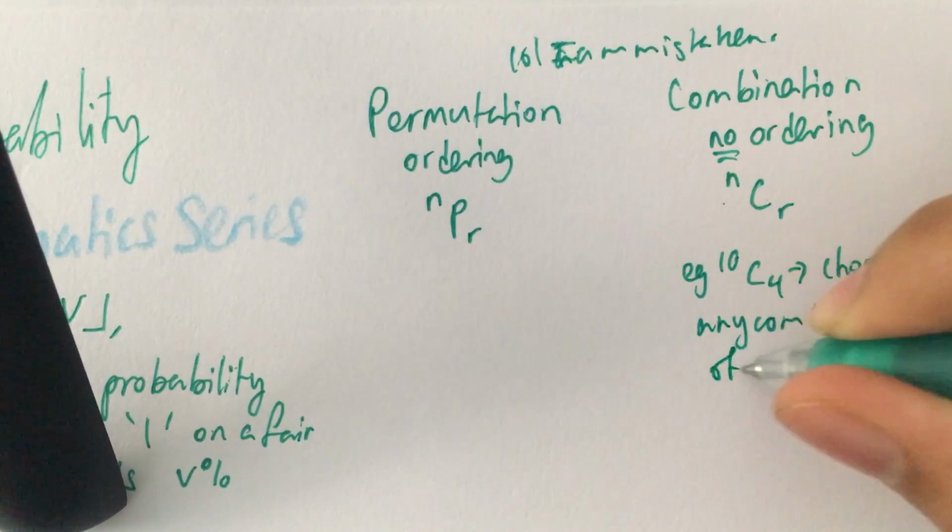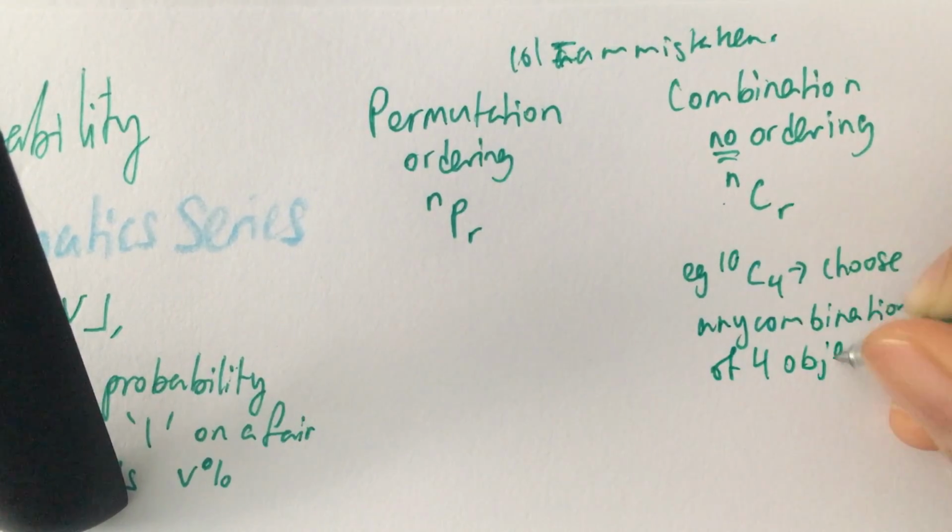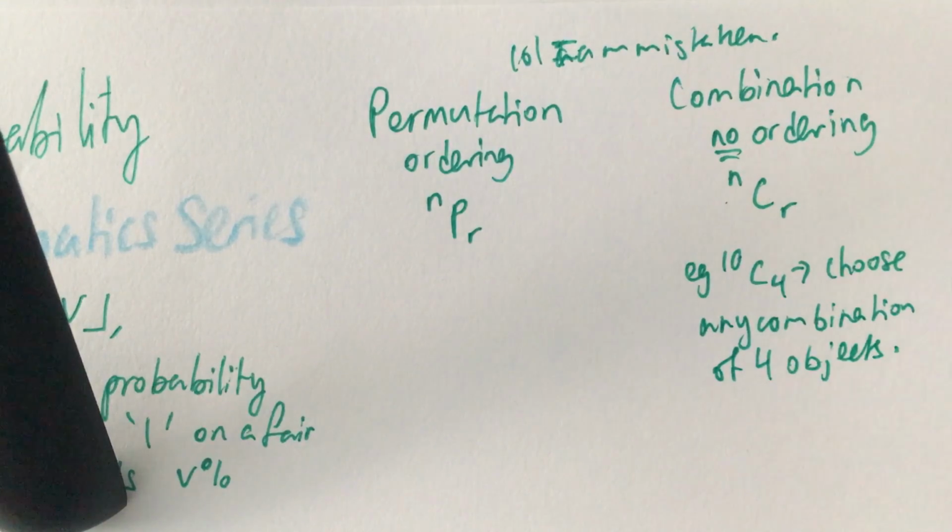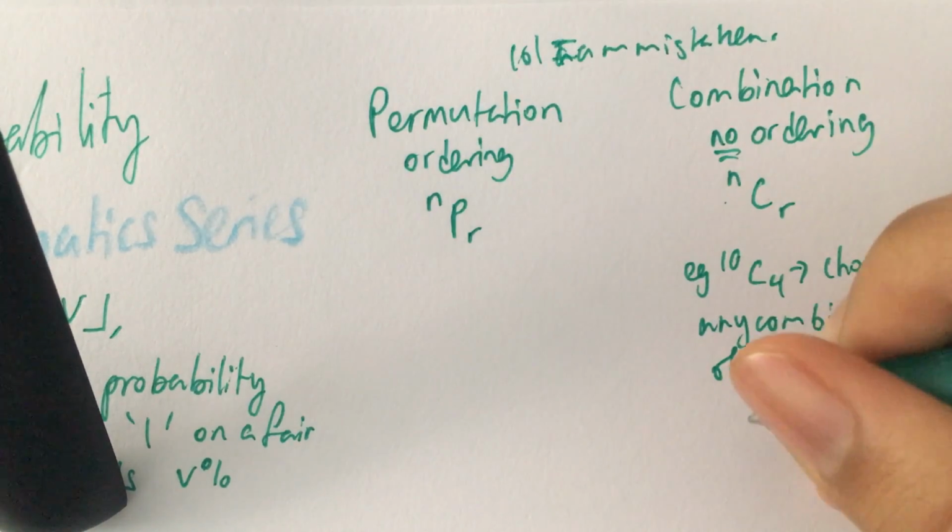So how do you do that? Imagine that you have 10 objects. Out of the 10 objects, you can choose one, so you have 10 choices. Then you choose the second object of the remaining 9 objects, and you have 9 choices. Then you have 8, and then you have 7.